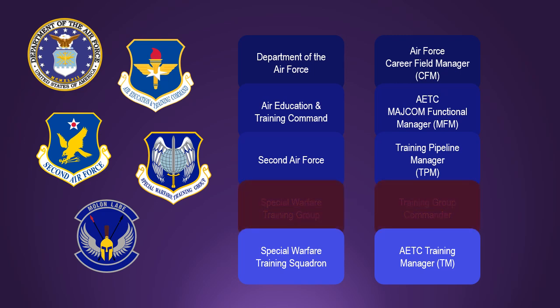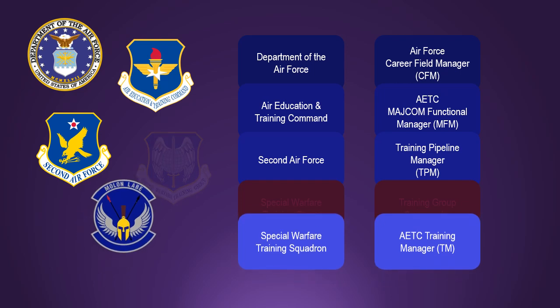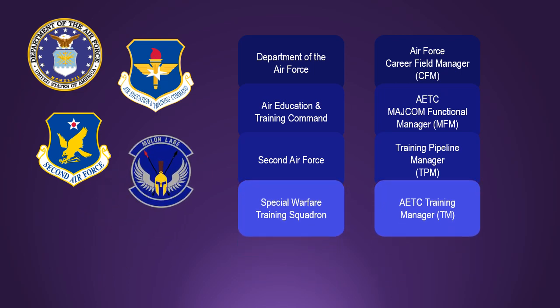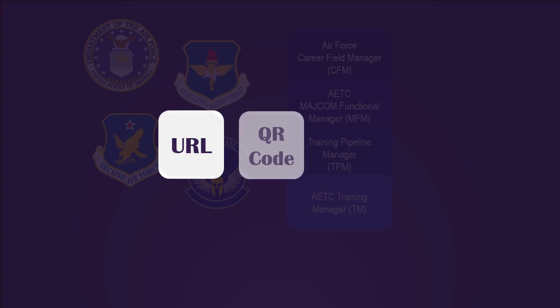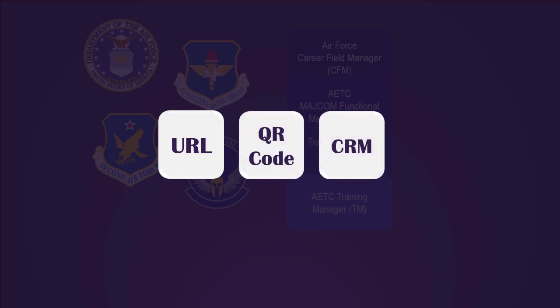So, according to AETCI 36-2651, the Air Force Career Field Manager, the AETC MAJCOM Functional Manager, the Training Pipeline Manager, and the AETC Training Manager must all be given the opportunity to coordinate on the FEQ. You will want to email them a survey link and QR code with a comment review matrix and allow them at least 2 weeks to provide feedback. Since getting stakeholder feedback is an important part of the FEQ program requirements, you will want to document that the stakeholders were provided an opportunity to coordinate, which is the next step.